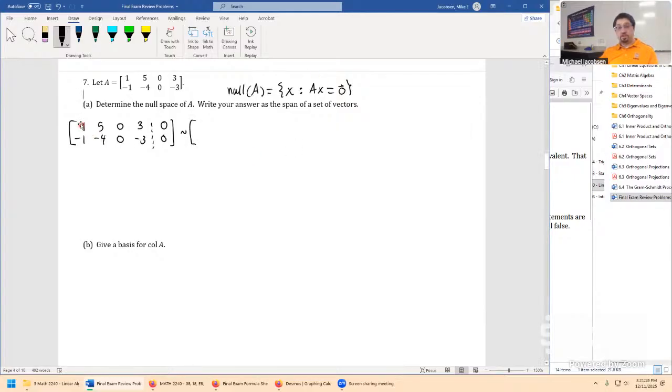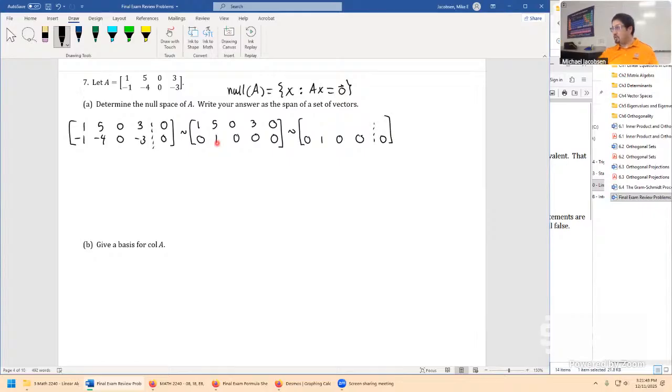So we can add row 1 to row 2 to get started. 1, 5, 0, 3, 0, add that to row 2, eliminating that entry. We get 0, 1, 0, 0, 0. So it's going pretty fast. Now we need to eliminate the entry above that pivot position. So let's copy in that row, 0, 1, 0, 0, 0.